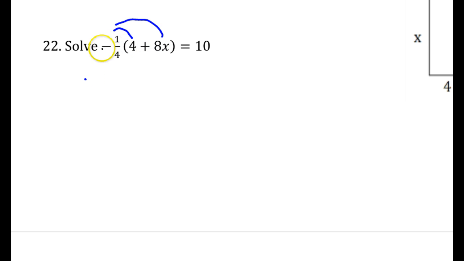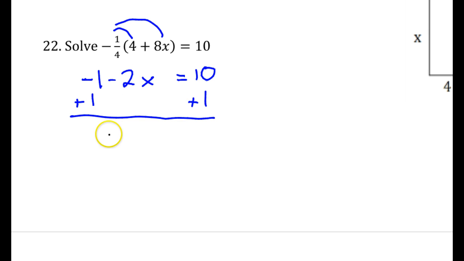So we have negative 1/4 times 4, negative 1. And 1/4 of 8. Solve. 2x equals 11.